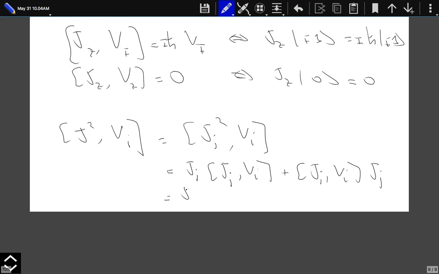This is equal to Jj minus iħ epsilon ijk Vk, minus iħ epsilon ijk Vk Jj.